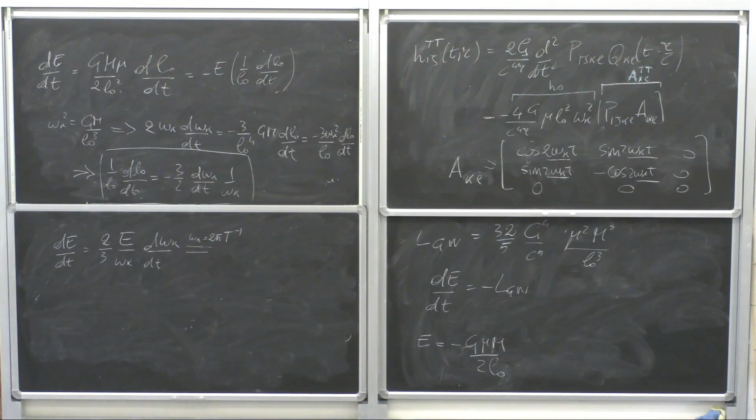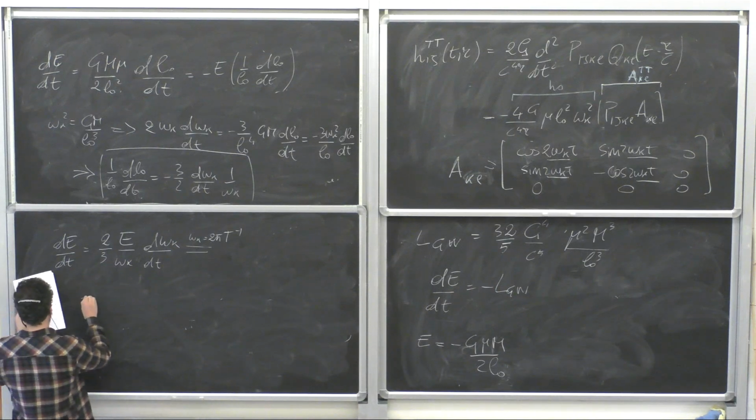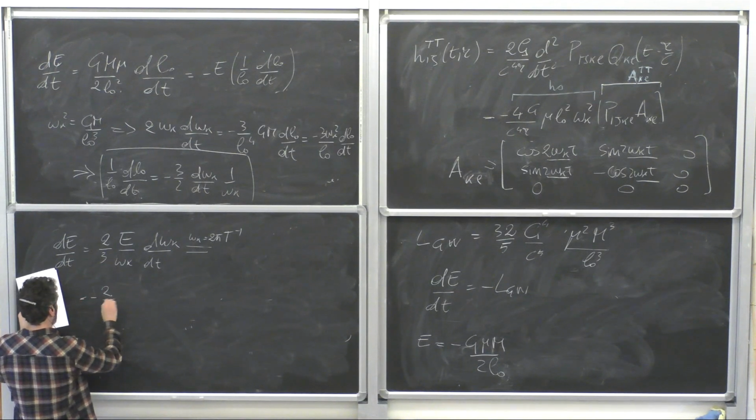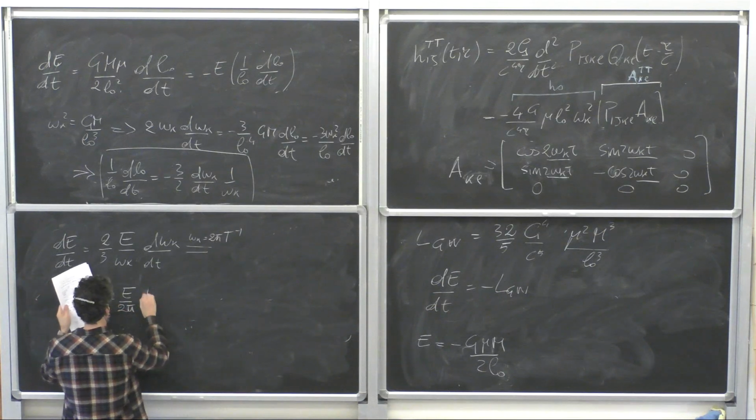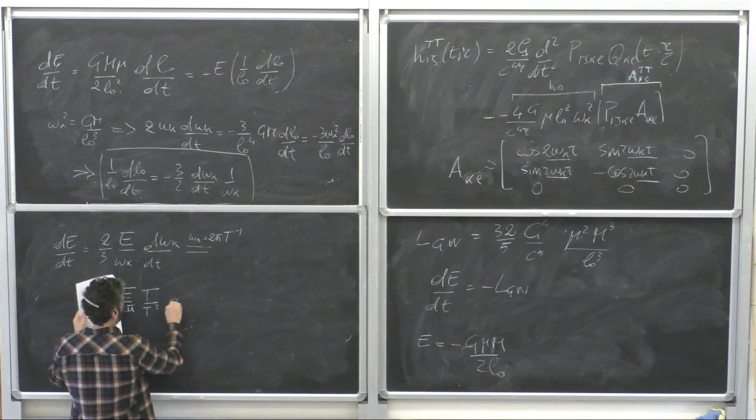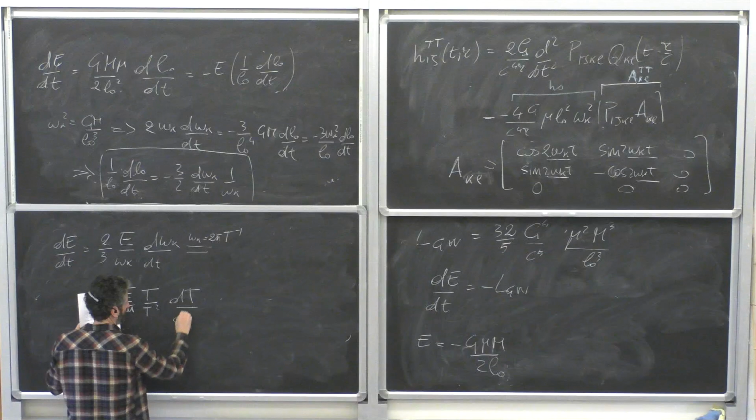Omega is 2 pi times the frequency, so 2 pi divided by the orbital period. This basically tells me that this is minus 2/3 E 2 pi T over T squared dT/dt.